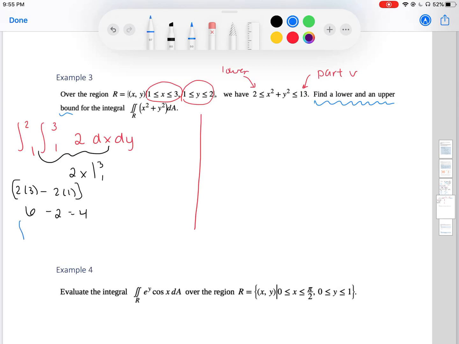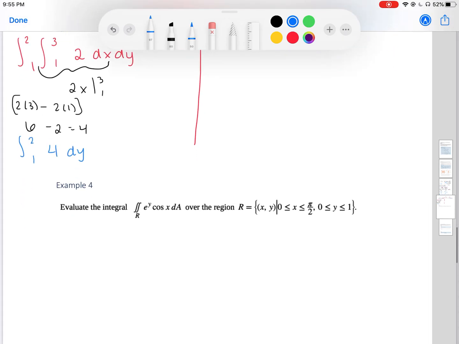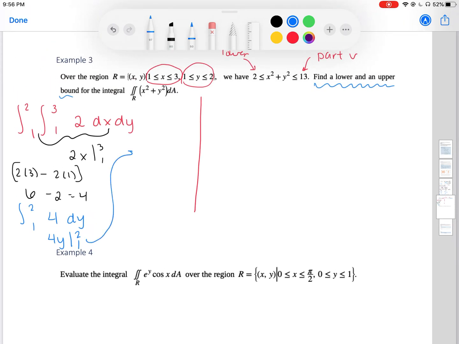Now we integrate from 2 to 1 of 4 dy. If we integrate 4, we get 4y. We apply the bound from 2 to 1. So we have 4 times 2 minus 4 times 1. 8 minus 4 gives us 4. All right, so that's our first answer.